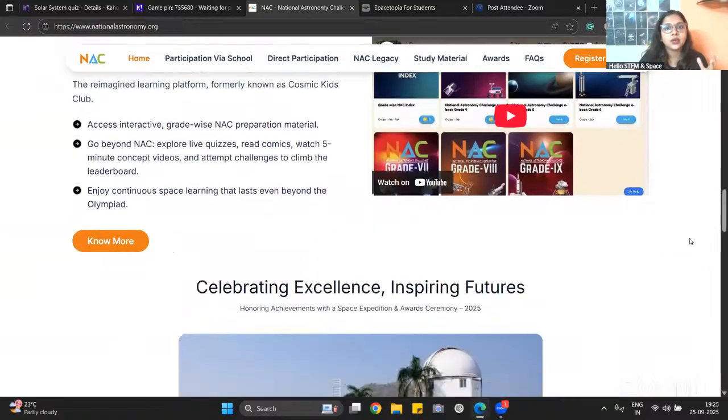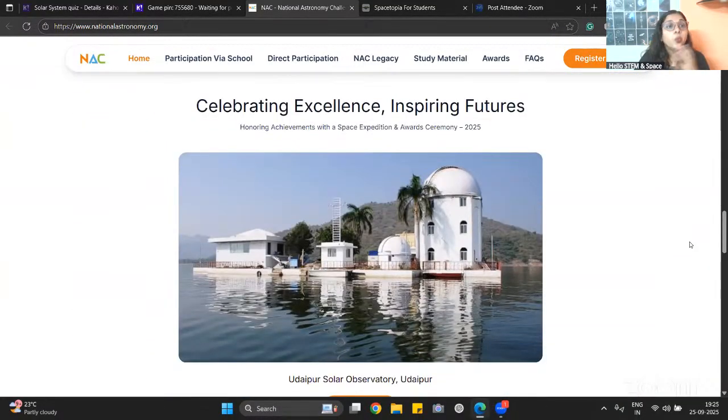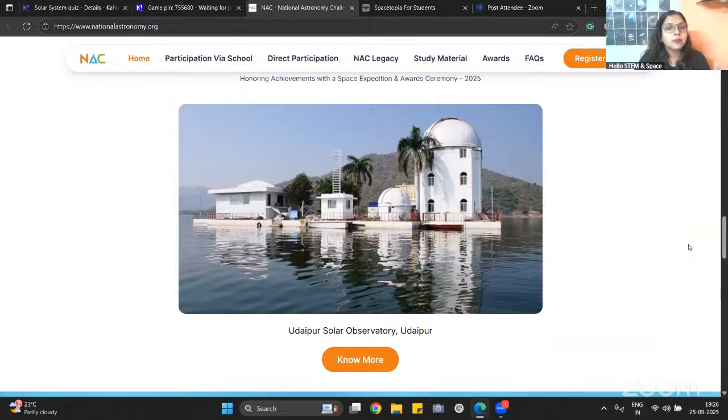This time we are thinking of taking the winners to Udaipur Solar Observatory. If you join NAC and you win, winners from each grade will be selected, and we will be taking them to Udaipur Solar Observatory.